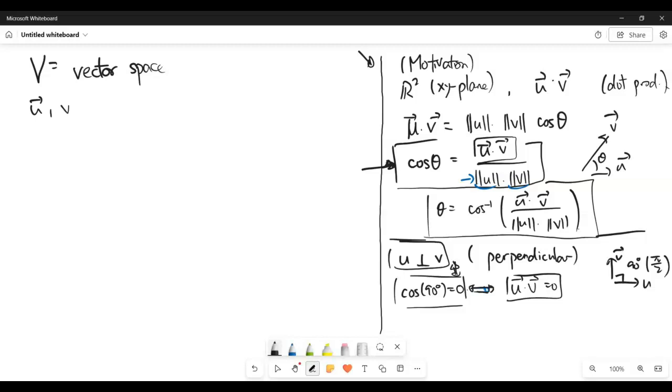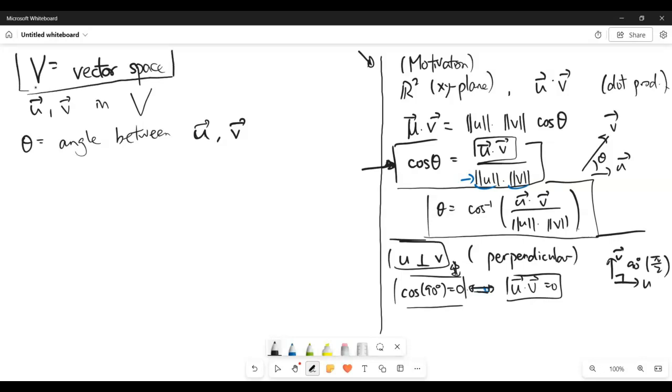When you are given two vectors u, v in the vector space V, we can define the angle, let's call it theta, between u and v. This so-called angle is somewhat abstract because currently our vector space doesn't have to be R2 or R3.